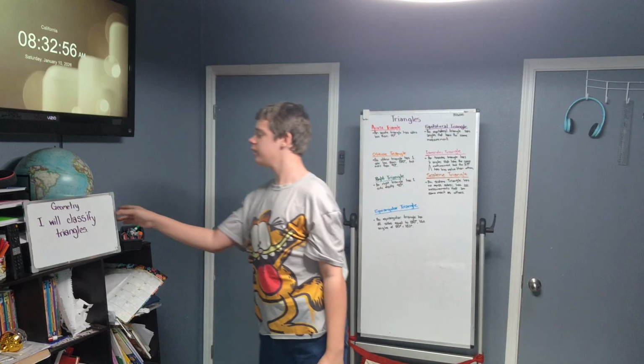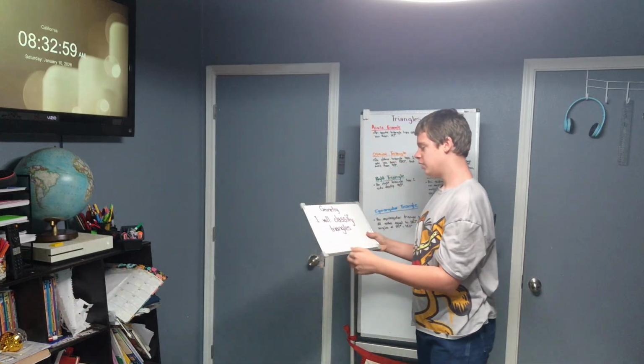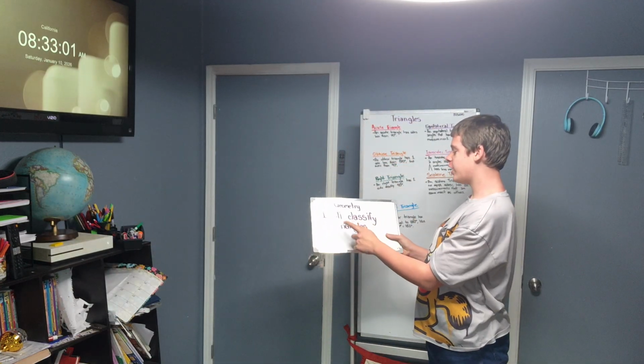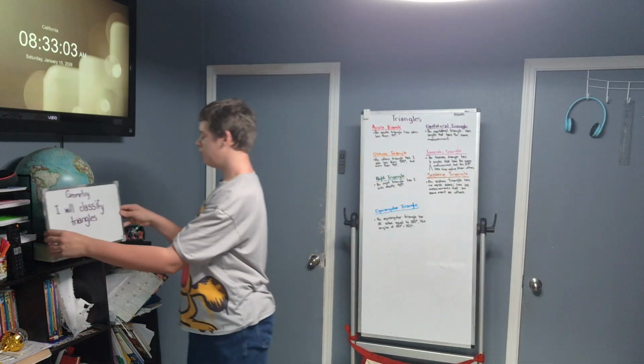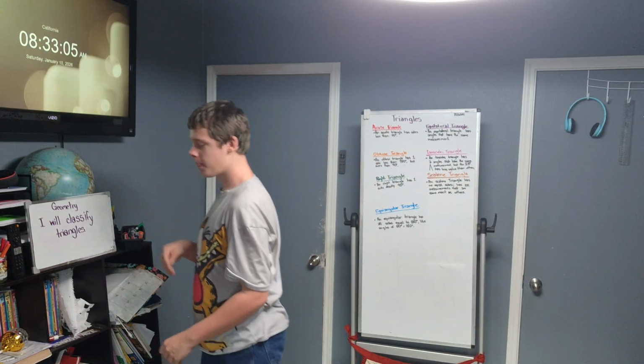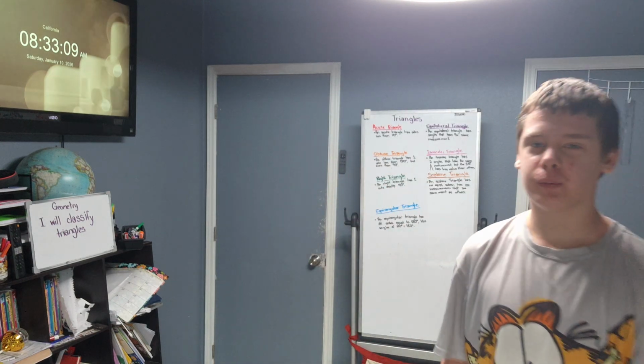Our learning target is on the sideboard. It says, I will classify triangles. So, we already classified them a little. We're going to be going over an example of them.